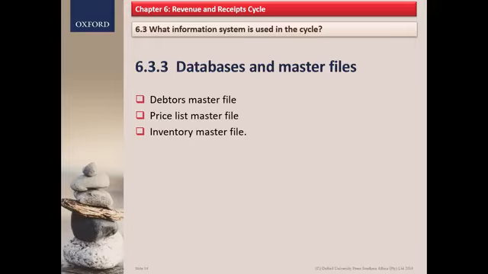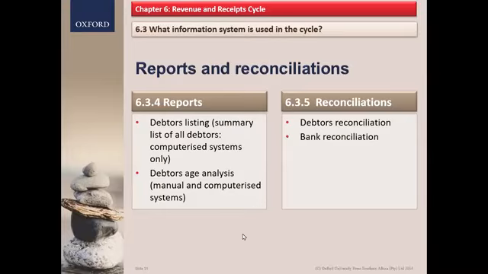Then within the system, there are also reports and reconciliations that we need to look at. So in this particular cycle, we've got debtors listing, which is a summary of all debtors in a computerized system environment.